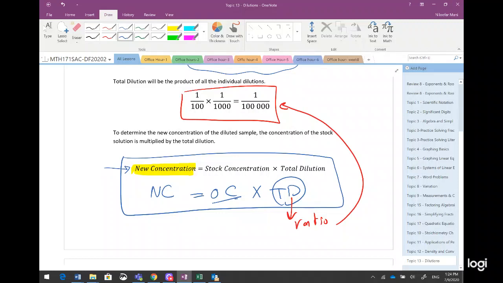So of course it's like dividing, and new concentration is less than old concentration. So don't just mix up the formula. Yes, new concentration is old concentration multiplied by total dilution, but total dilution is a ratio, 1 over something, a fraction. We can keep this formula in our mind.